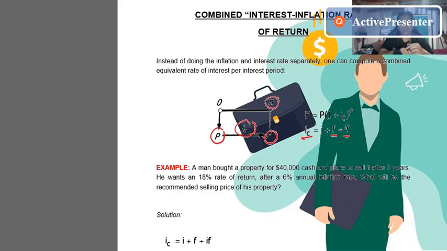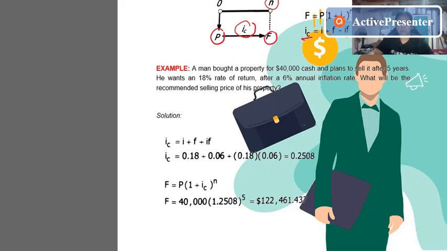So let's try our example for the combined rate. A man bought a property for 40,000 US dollars cash and plans to sell it after 5 years. He wants an 18% rate of return after a 6% annual inflation rate. What will be the recommended selling price of his property?